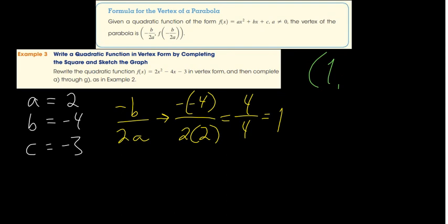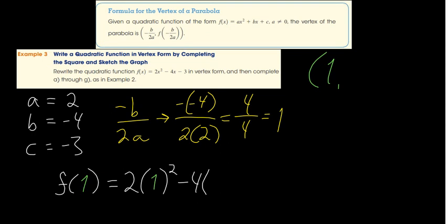Okay, so let's write the function here. Actually, we're not going to do f of x, we're going to do f of 1, right? f of 1 is equal to 2 times 1 squared minus 4 times 1 minus 3.